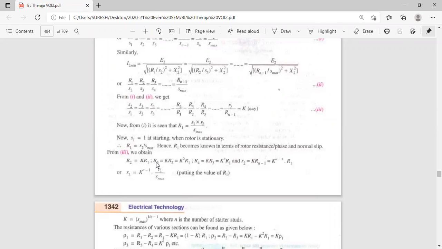R2 is in terms of R1, R3 is in terms of R1, R4 is in terms of R1. The last one should also be in terms of R1. I am removing the n minus 1 term; this will become K power n minus 1. Last step. Any doubt? This is by common sense we have to get this last equation.